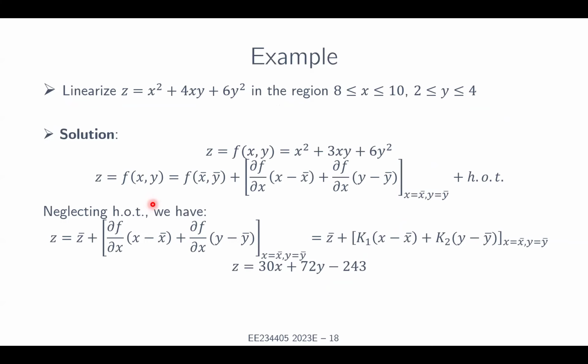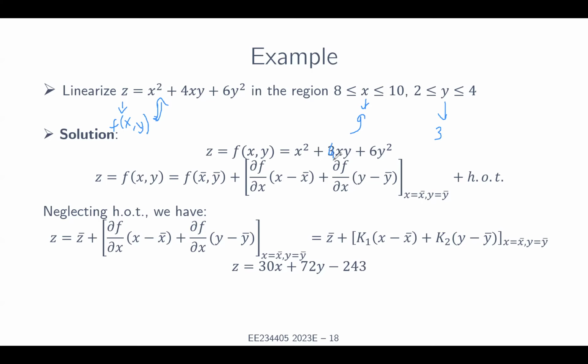The other example is for a function of two variables, x and y. z here is just f(x,y), and f(x,y) is x squared plus 4xy plus 6y squared in this region. So typically we take the middle point here, which is 9 for x and 3 for y.